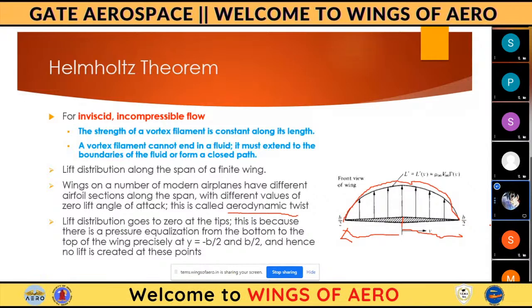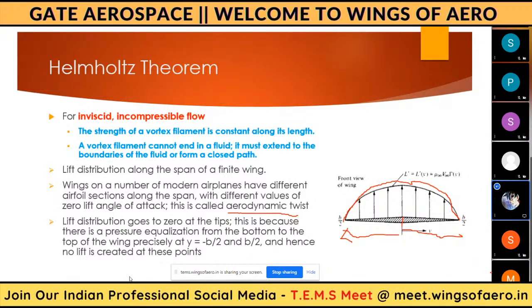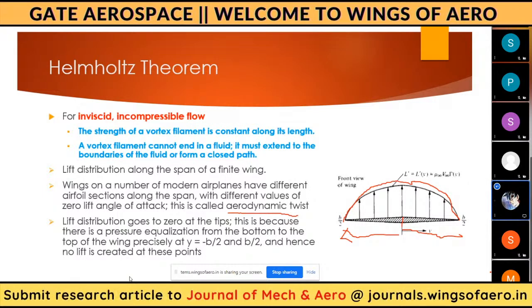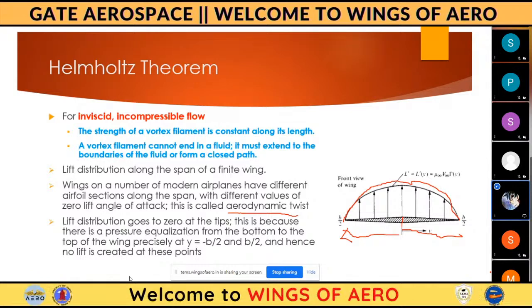One more thing: according to this theorem, the lift distribution at the tips will be zero, but the lift at the root will be higher. So more lift at the root, less lift near the tip, and at the tip there won't be any lift.